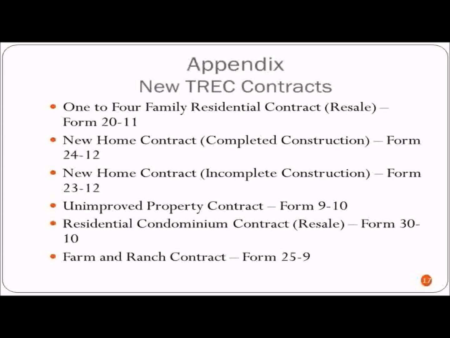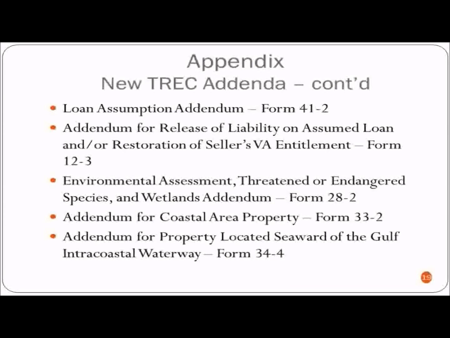But know that the 1 to 4 family residential contract, the new home contract, both completed and incomplete construction, and the unimproved contract, the newest form will be dated 1/12/2012. And unfortunately, those are not posted yet. So I hope that was of value.